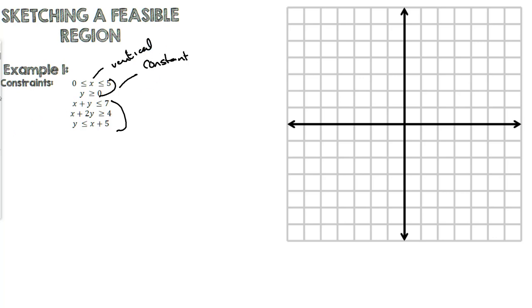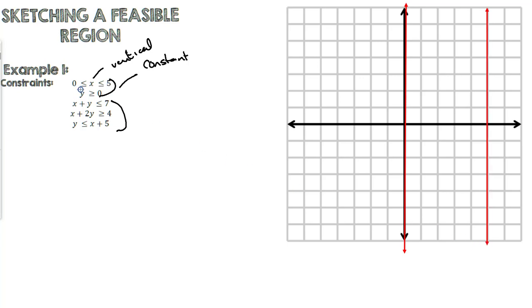Think about those border walls. If it says 0 is less than or equal to x, we're going to have the line x equals 0 to graph. And then you're also going to have the line x equals 5. Those are your two walls.